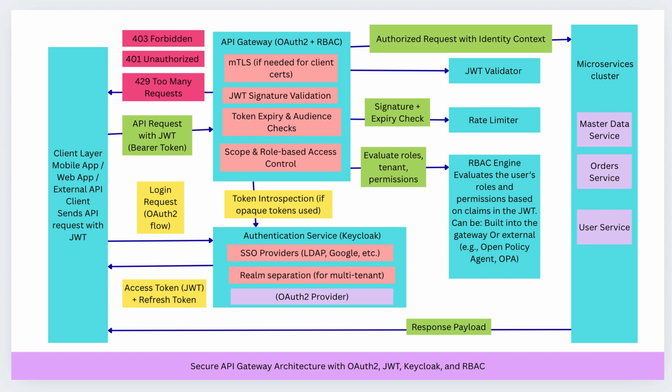Then we have the response flow back to the client, and here the microservice returns a response, which is a JSON payload with shipment status. The API gateway forwards the response, logs activity, and optionally applies PII masking or response shaping. The data state here is that the client receives the expected response securely.